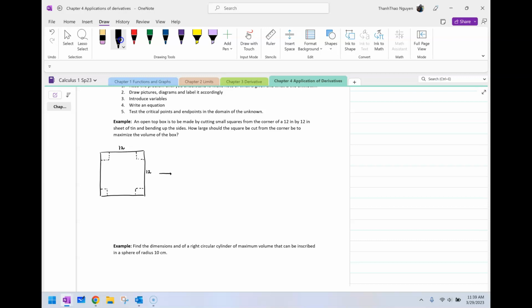Then we fold up the sides to make an open top box. Okay. So let's talk about the dimension of the square that is being cut. Let x be the dimension of the square that is being cut.